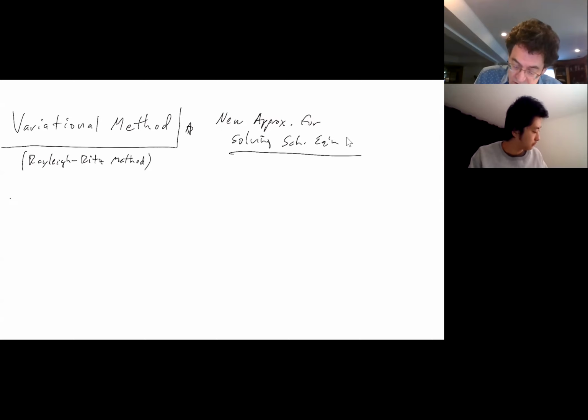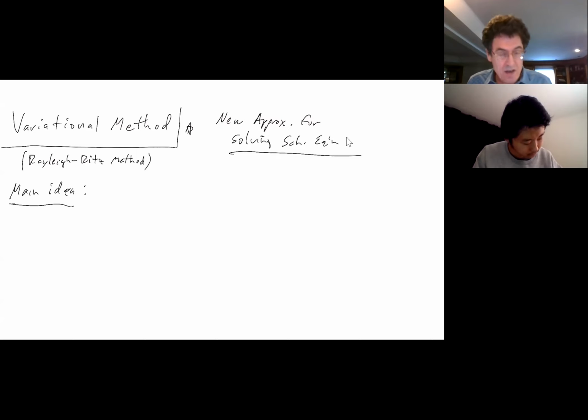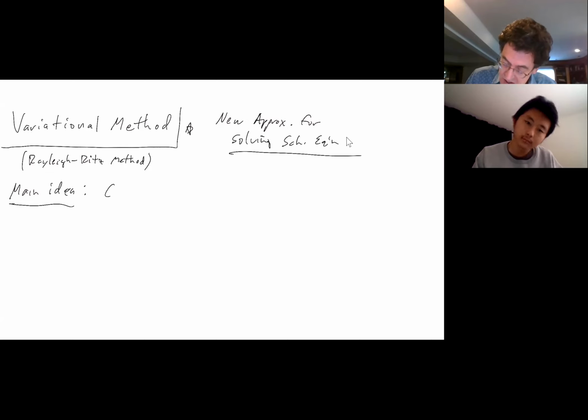So let's discuss the main idea. It's actually pretty simple. It's surprising how powerful and useful this is, but it really is. So let's consider a system that's described by some Hamiltonian.